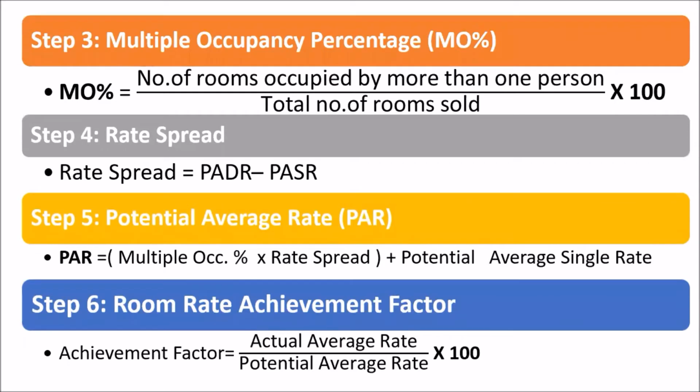Step 5 will calculate potential average rate, which is PAR, equal to multiple occupancy percentage and rate spread plus potential average single rate. Step 6 is the room rate achievement factor statistic, equal to actual average rate upon potential average rate, multiplied by 100, which will give you the room rate achievement factor percentage.